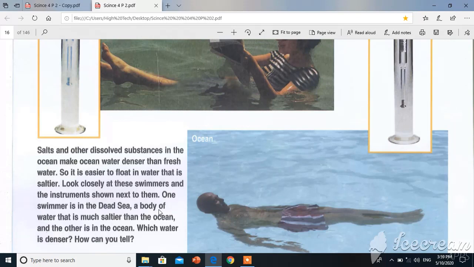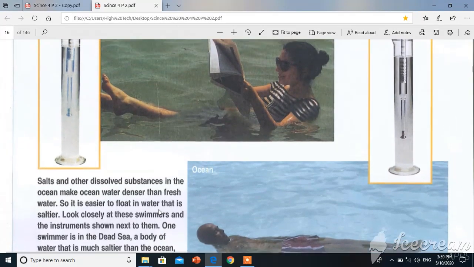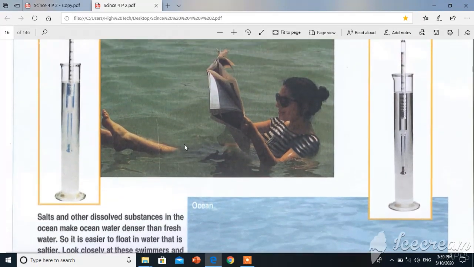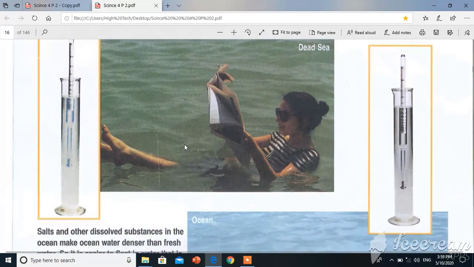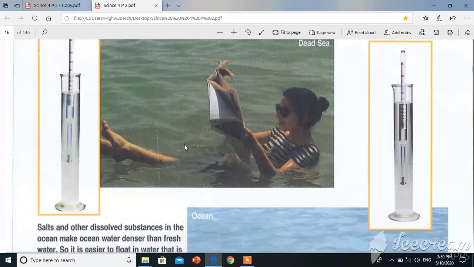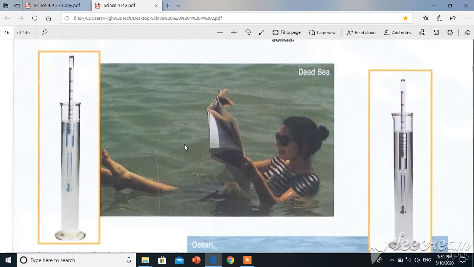How can you tell? Dead Sea water is saltier and denser than ocean water. Why? Because the Dead Sea contains more salt, which makes it denser than the ocean water. Therefore, it's very easy to float on the surface of the Dead Sea.